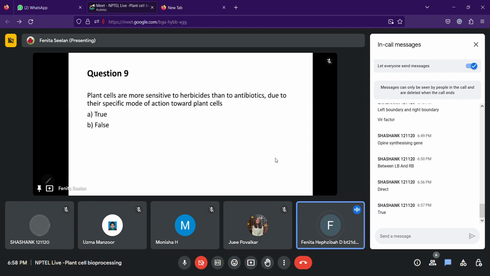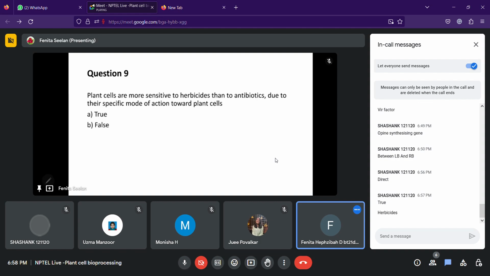If you keep a selection marker of antibiotic or herbicide, what do you think will work fine for plant cells? Okay. But plant cells will die if you put herbicides, na? That's why you're keeping a selection marker like that.